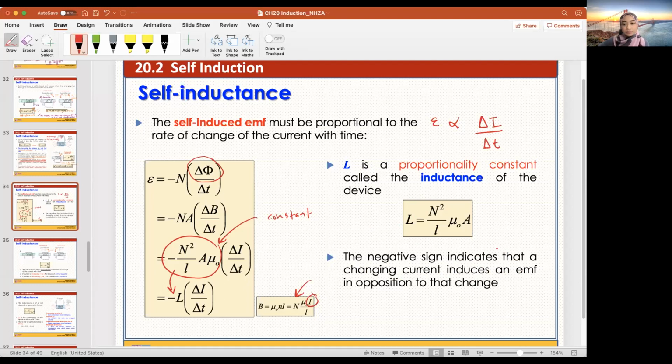We have seen that. So this is an equation that you need to memorize. And this is an equation that you need to memorize. So induced EMF or self-induced EMF is equal to minus L change in I over change in T, where L is N squared over L, mu naught A.